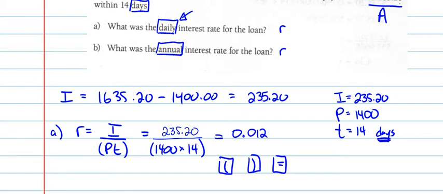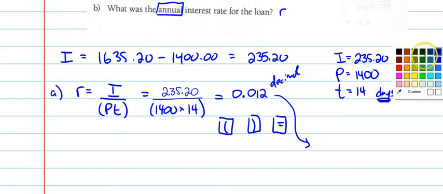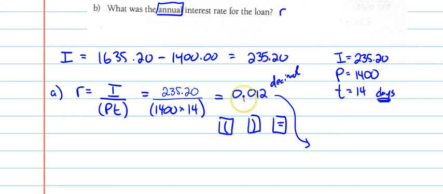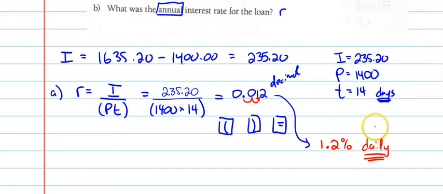Now you might think this is the answer, but it's still not quite. This is in decimal form. We want the interest rate, which will be in a percent form. So remember, I'm going to go to red so you can see it nice and clear, that's 1.2% daily. So that's our part A answer.